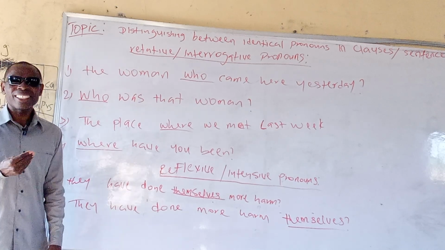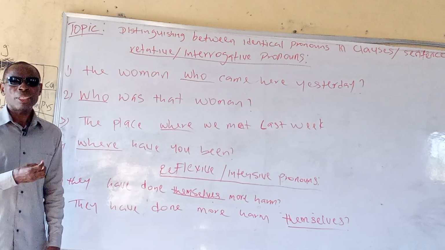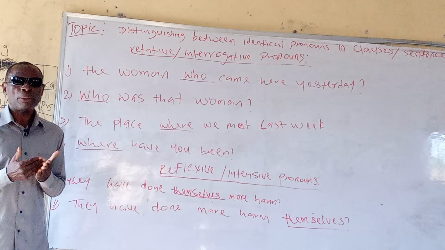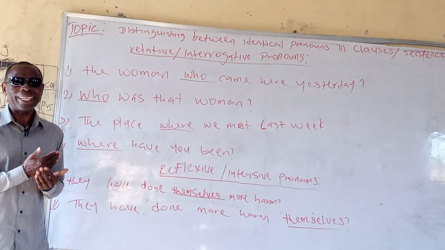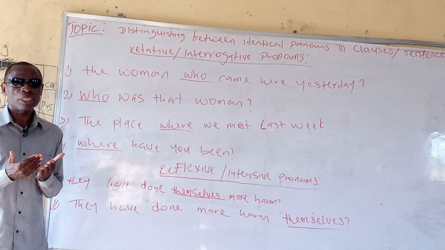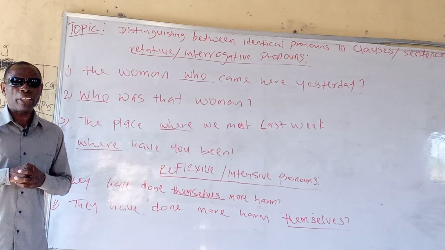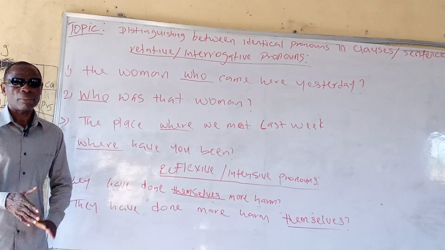No. Is it reflecting the subject or the verb have done as the same object of the verb? Yes. Therefore, its grammatical name here is reflexive pronoun. What is its grammatical function? Object of the verb have done.